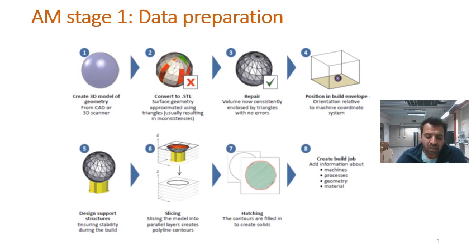In step 2, these 3D CAD models are converted into the STL file format. This STL file format is a kind of de facto format for all the additive manufacturing machines. In this format, the surface of the parts is approximated by a mesh of triangles.